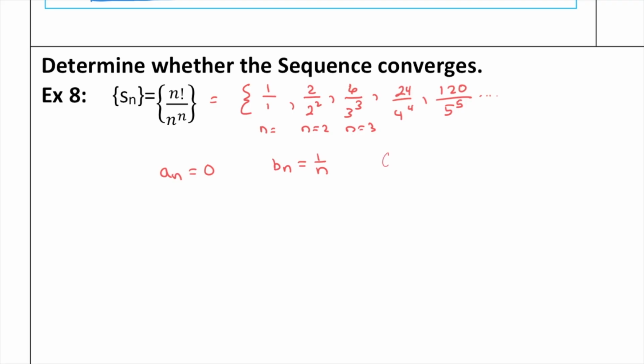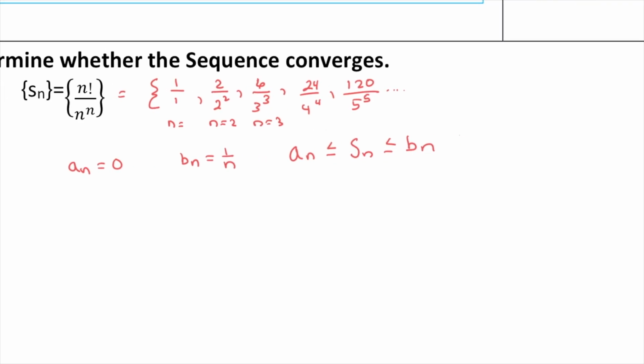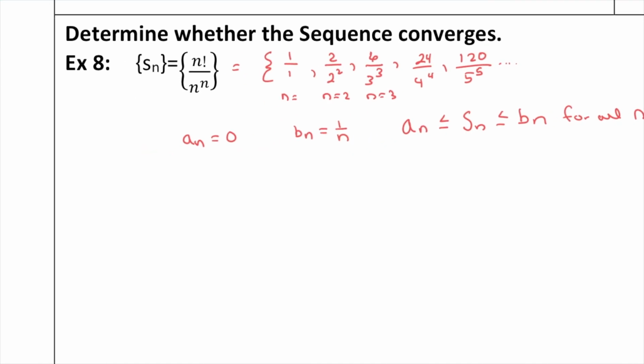So what have we done? We know that a sub n is less than or equal to S sub n is less than or equal to b sub n for all n values, isn't it? So for all n greater than or equal to 1. How does that help us? If we find the limit as n goes to infinity of a sub n, that answer is 0.